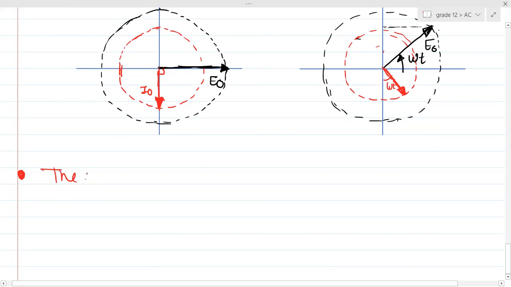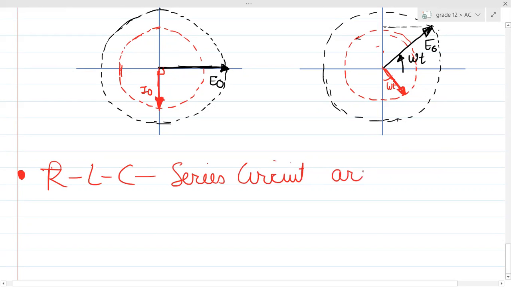The RLC series circuit across alternating EMF source.